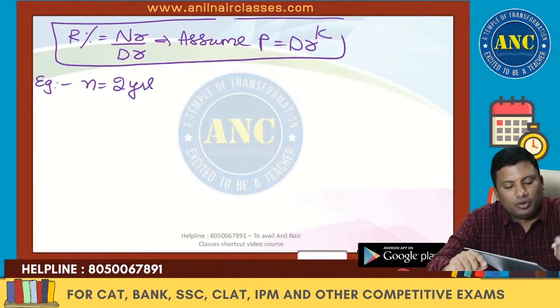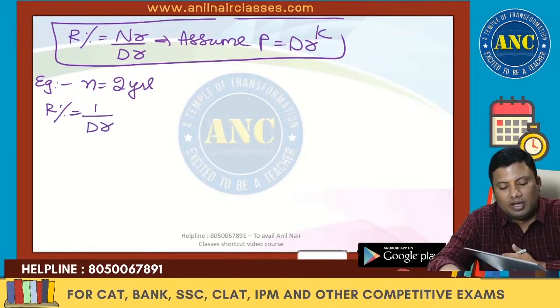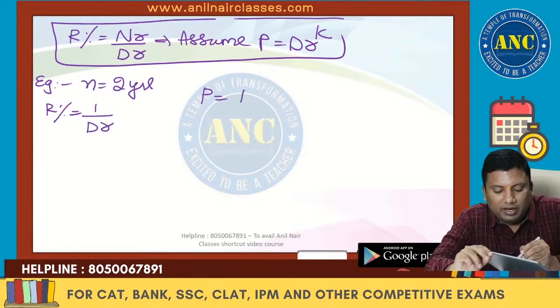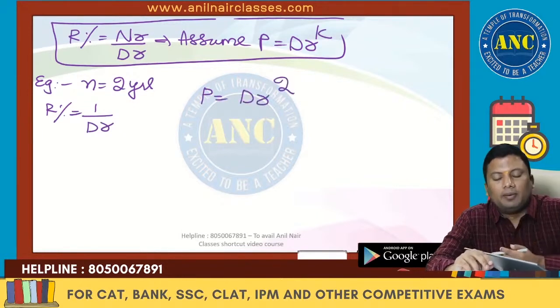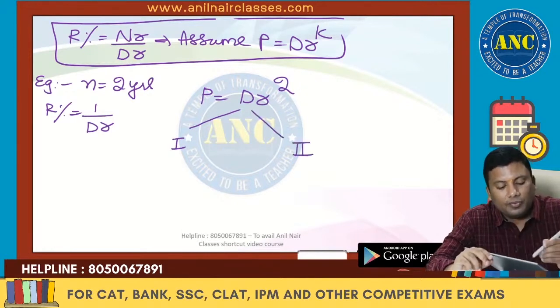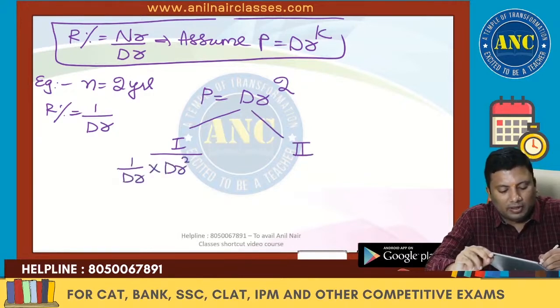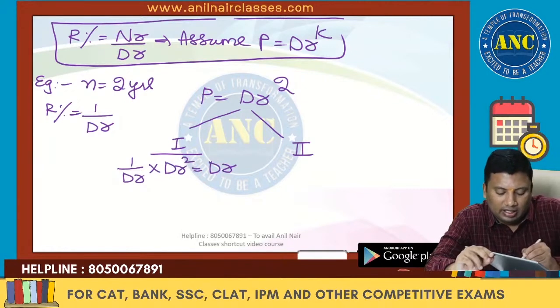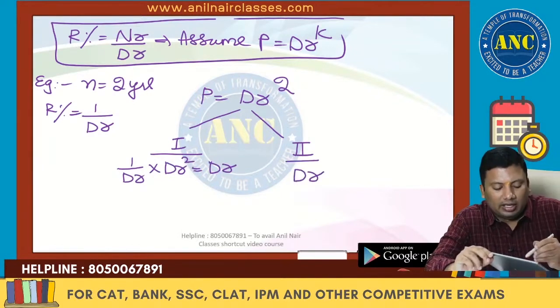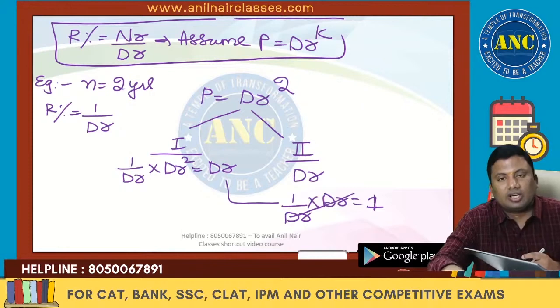R percentage is of the form 1 by denominator. Principal will become denominator square. Am I right? So this is the first year and this is the second year. First year it will become 1 by denominator into denominator square, which is the denominator. This will become 1 by denominator into denominator, which is nothing but 1.